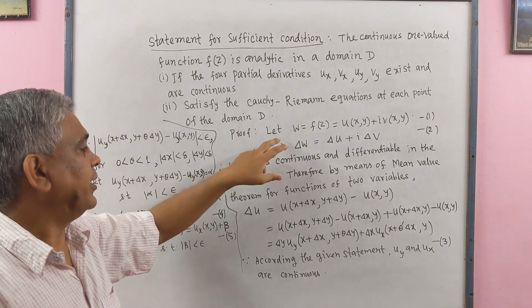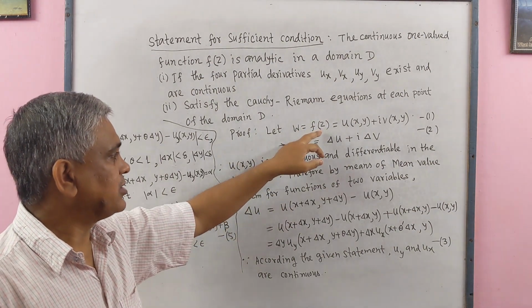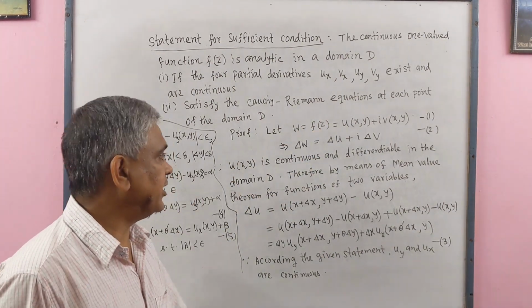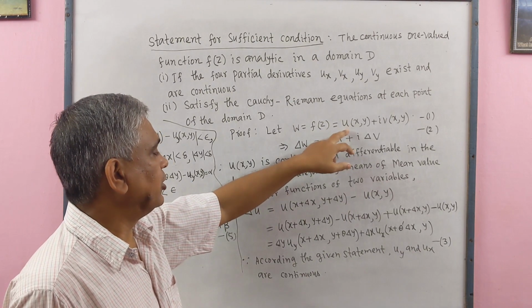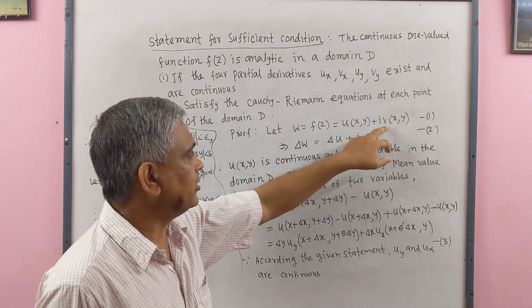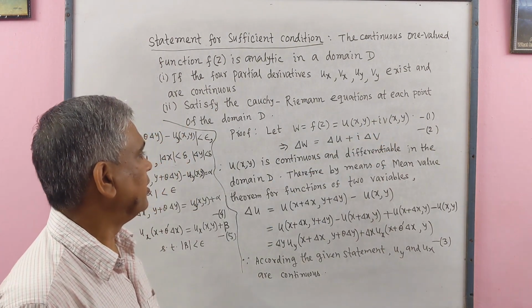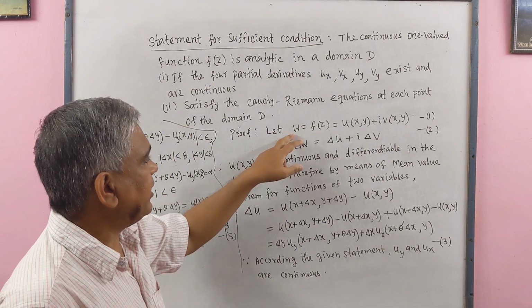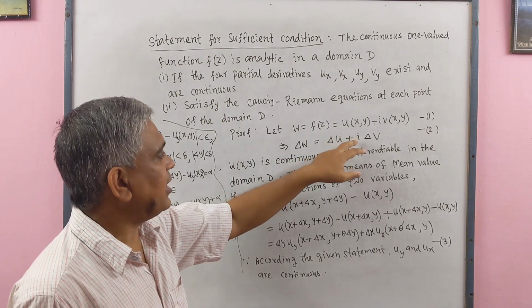Now proof. Let w equal to function of z, and function of z is written as u(x, y), u is the function of x y, plus i v, v is the function of x y. Number 1 implies that delta w equal to delta u plus i delta v.